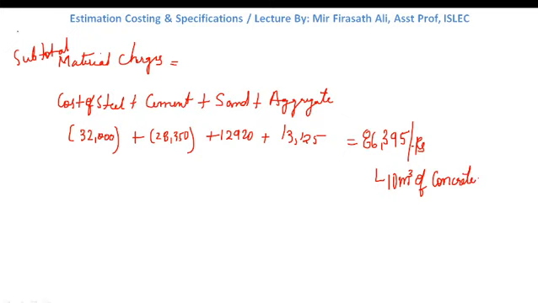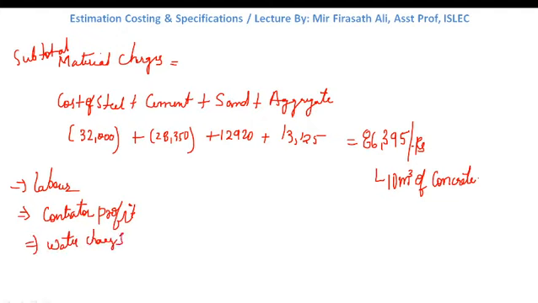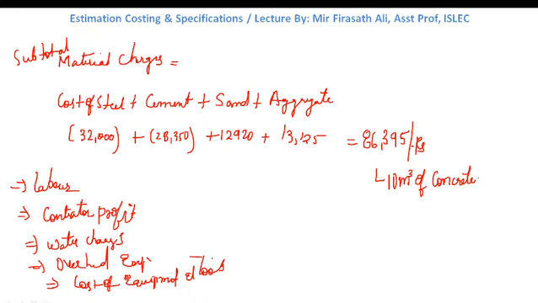Now what do we need to include over here? We need to include labor charges, contractor profit, water charges, overhead expenses, and the cost of equipment and tools also.